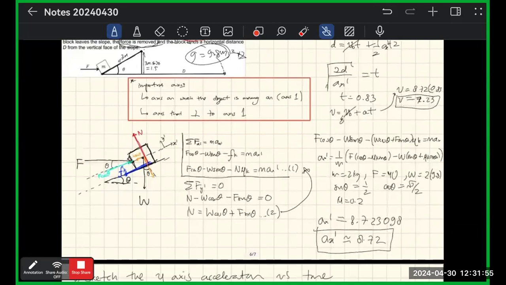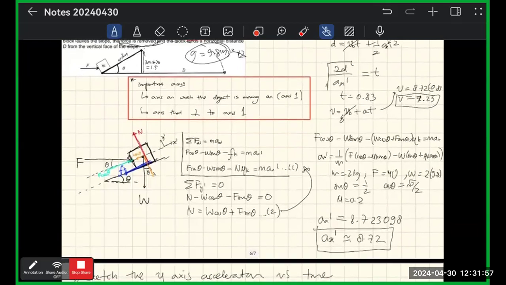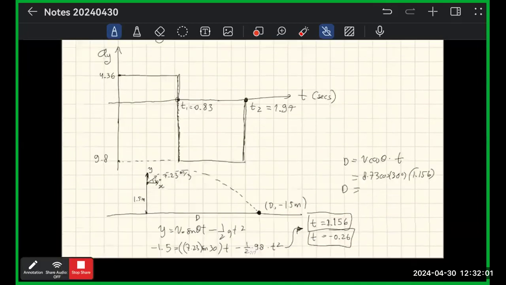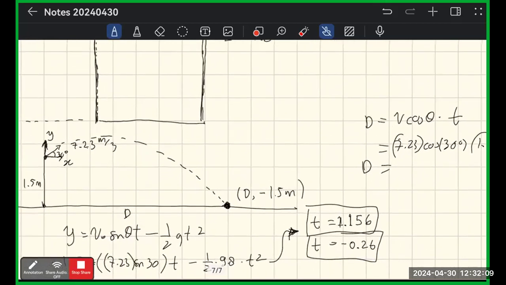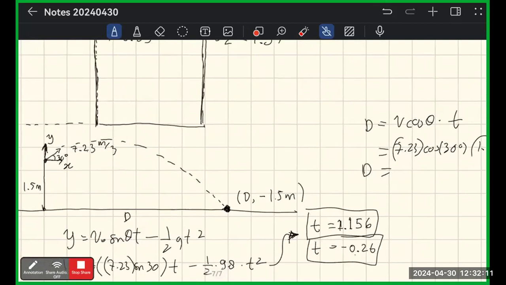Yeah, it's 0.23. That's why I found it weird, why the velocity is bigger than the, okay. I'll just try to find the t again. Sorry.